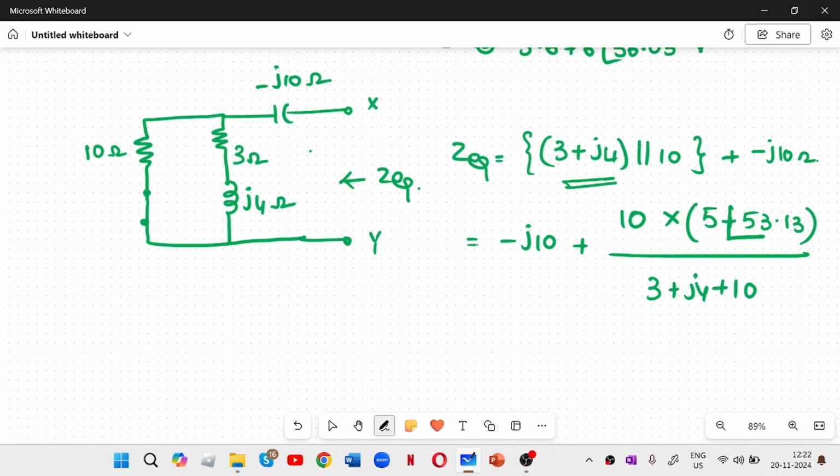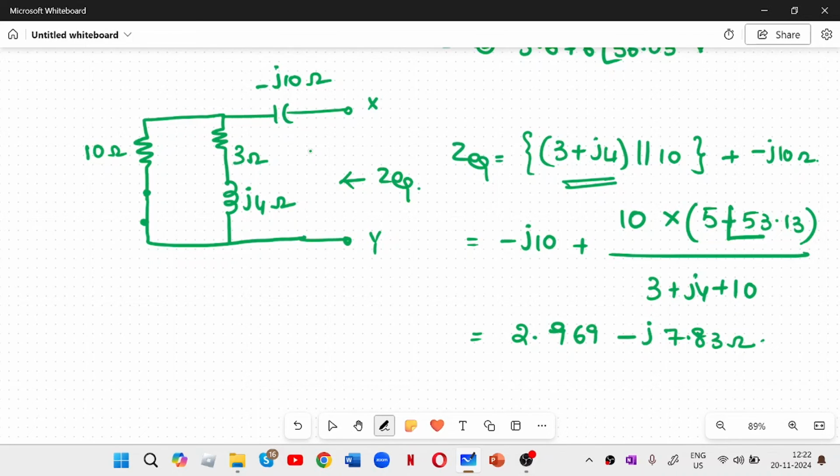R1 R2 by R1 plus R2, parallel circuit, right? So if you do this, you'll get 2.969 minus J7.83 ohm, right? So this is your Z equivalent.